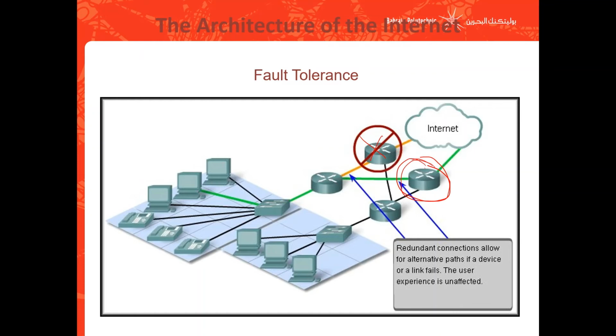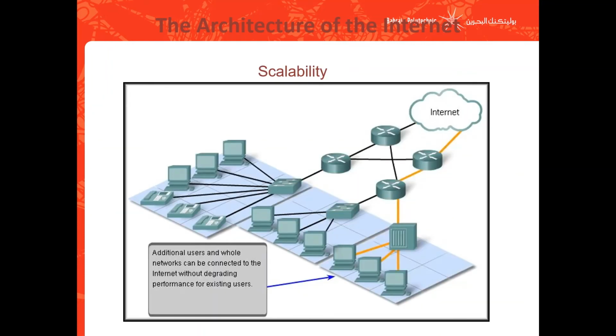That's what it means. So you should have redundant connections to have fault tolerance in your network, so that if something breaks down, the design of your network is able to tolerate that fault. Okay, that's fault tolerance.